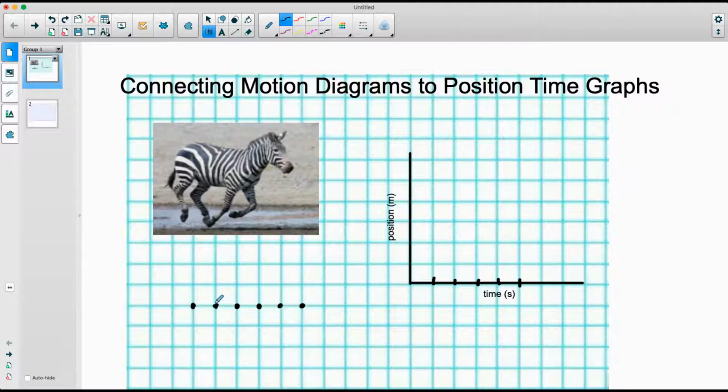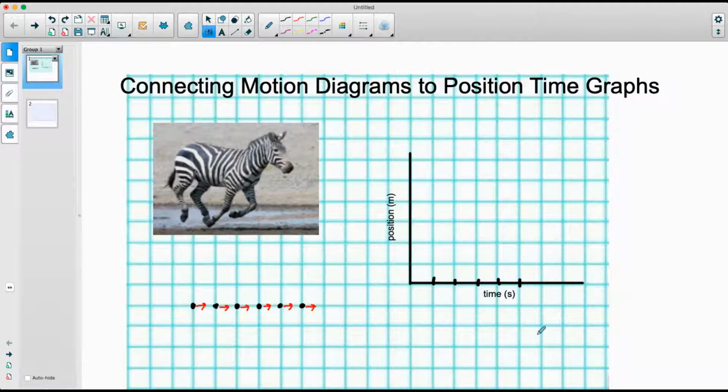All right. And now let's put in the velocity vectors. So they're all going to be the same length because they represent the same velocity, 40 miles per hour or 20 some meters per second. All right, so there's my motion diagram for the zebra running across the plains.